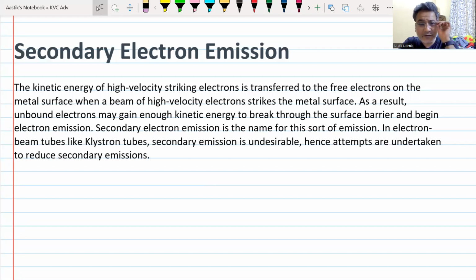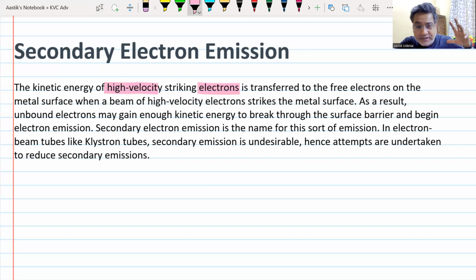What is the next type of emission is known as secondary electron emission. What is this secondary electron emission? If a beam of high velocity electrons, I have an electron beam and I strike this electron beam on any metal surface.